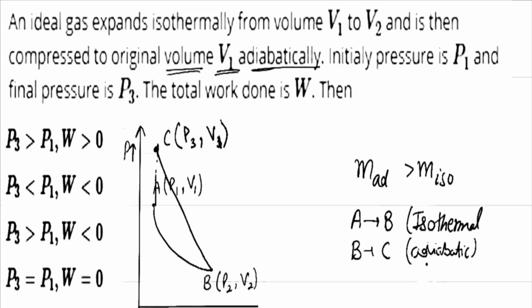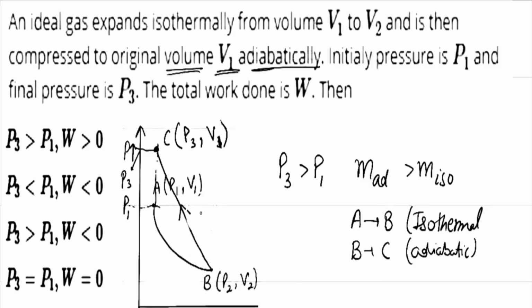Now we have to determine which pressure is greater, as it is indicated here that the pressure P1 is at this point and the pressure P3 is at this point, which concludes that P3 is greater than P1. And what about the work?